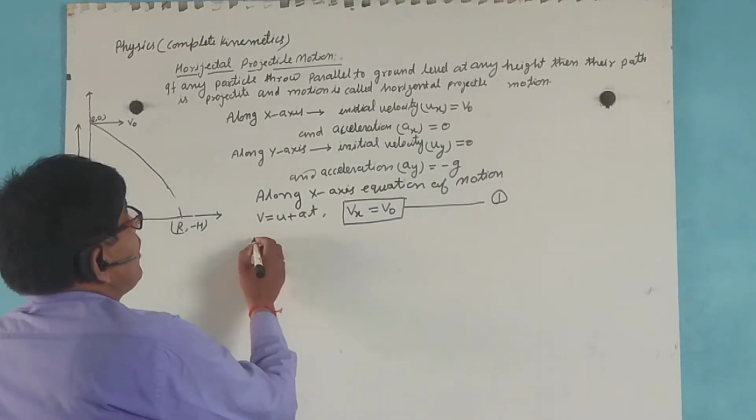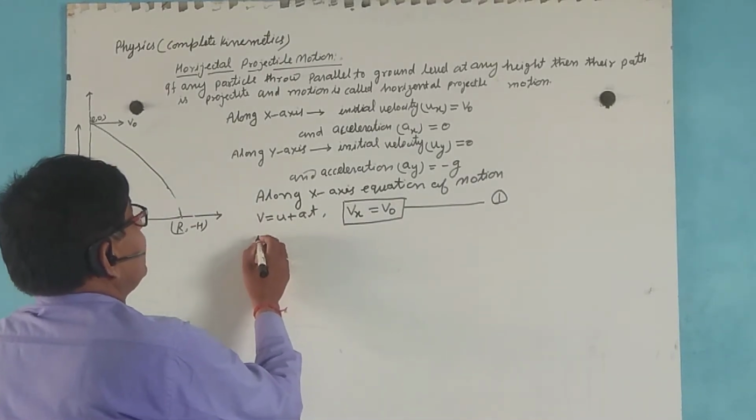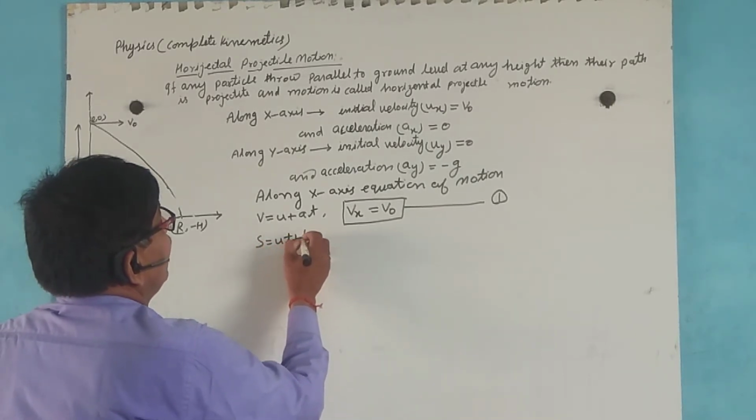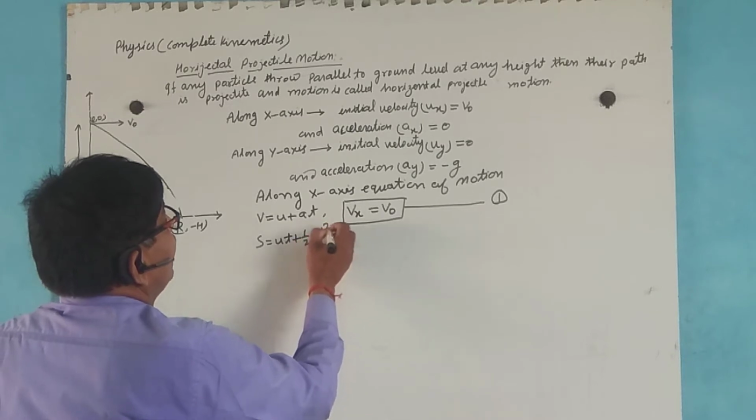Now from the second equation of motion, s is equal to ut plus half at square.